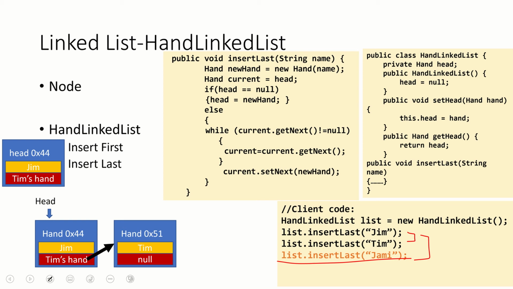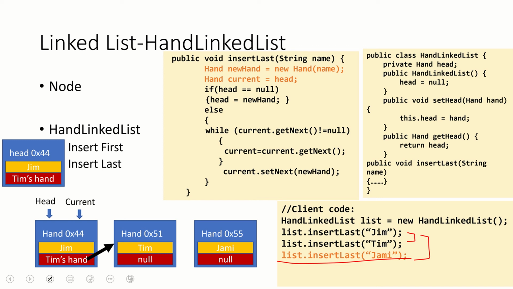If we want to insert the last one, Jimmy, we need to create a new hand, again this is for Jimmy, and we set the current one as the head. So the head is Jim, and current is Jim currently, right?